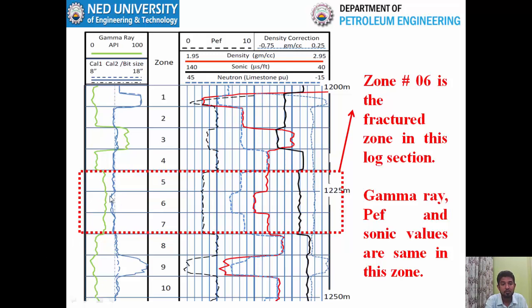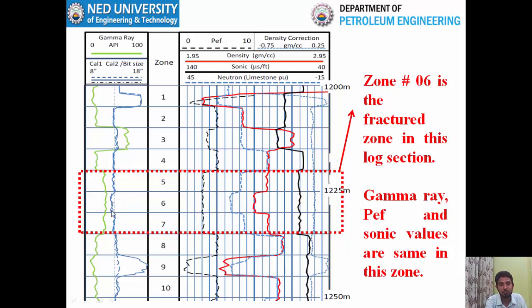You can also confirm the permeability with respect to caliper and bit size. You can see that in zone number 6 the caliper log is on the left side of the bit size more as compared to zone number 5 and 7, which means that against zone number 6 you have a thick mud cake, and thick mud cake is an indication of more permeability.